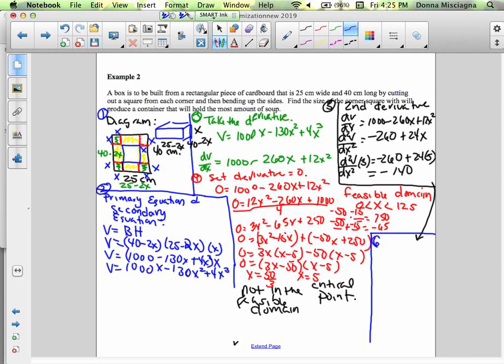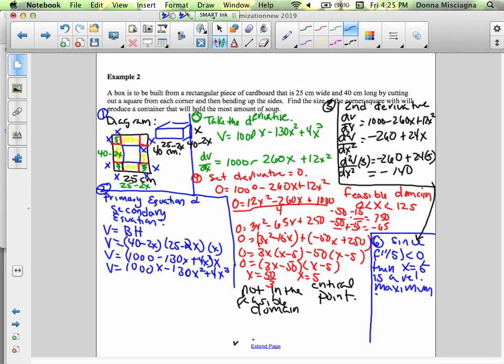So number 6, since f double prime of x is less than 0, and I'm sorry, I should have had f double prime of 5. f double prime of 5 is less than 0, then x equals 5 is a relative maximum.